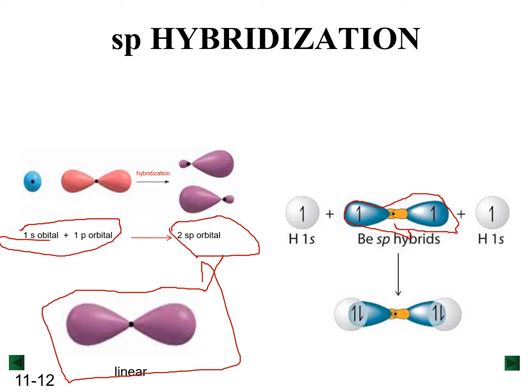As we can see, each sp hybrid orbital contains one unpaired electron, and these sp hybrid orbitals will overlap with s orbitals that contain one electron each, forming two covalent bonds.